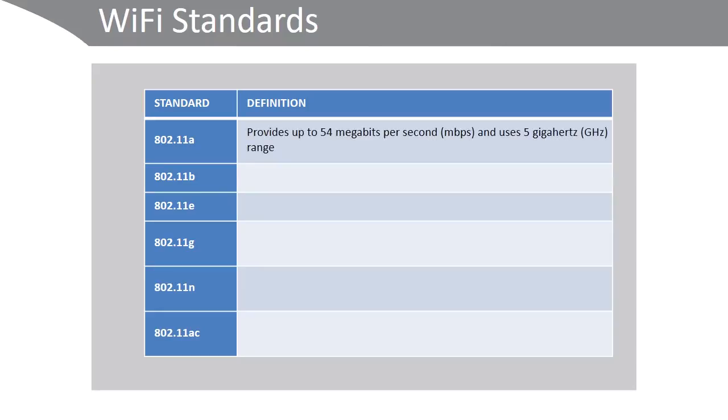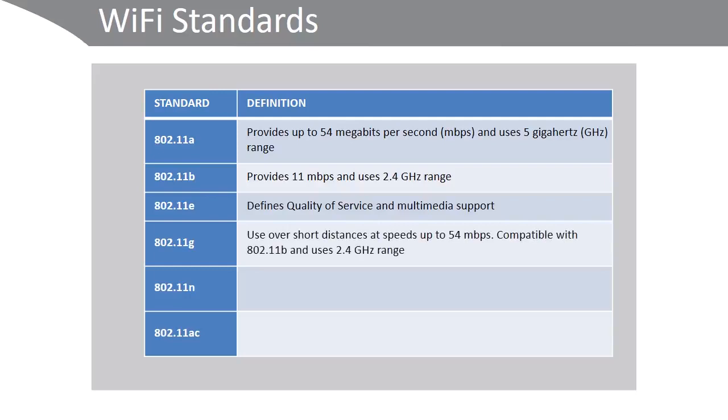802.11 provides up to 54 megabits per second and uses the 5 GHz range. 802.11b provides 11 megabits and uses the 2.4 GHz range. 802.11e defines quality of service and provides multimedia support. 802.11g is used over short distances at speeds of up to 54 megabits.